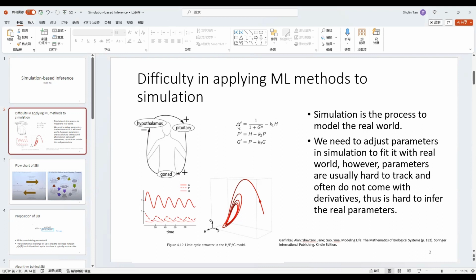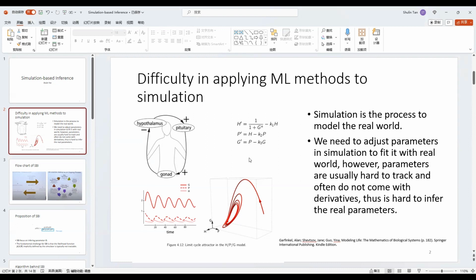We can find out that H prime is proportional to 1 plus G to the N, divided by 1, minus K1 times H. Obviously this derivative is related to the current level of your G and H. This is how your hormone H is going to change for the next time, and the same goes for P and G.